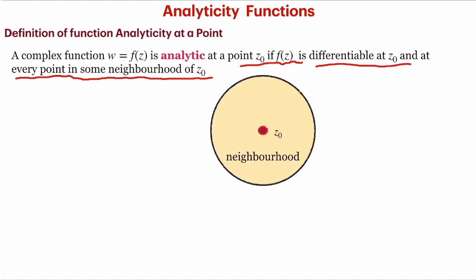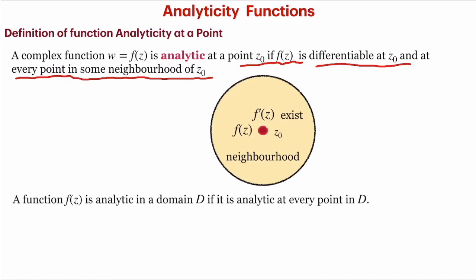So we have a point and we have a neighborhood where f of z and f prime of z should exist, not only at a point z0 but in a neighborhood. Extending this, a function f of z is said to be analytic in a domain if it is analytic in every point in the domain.